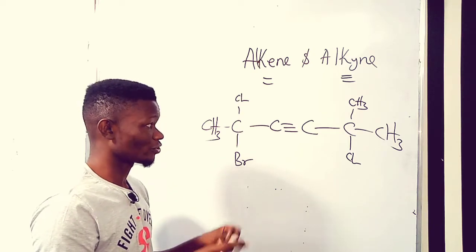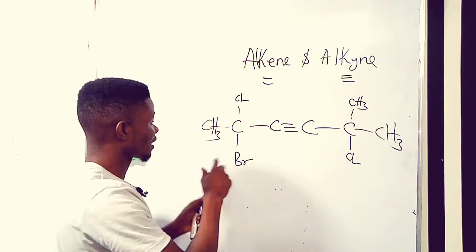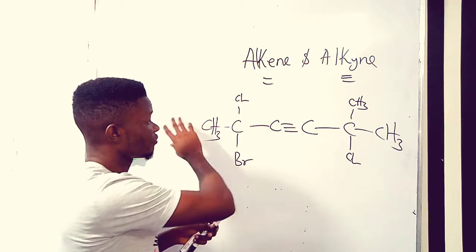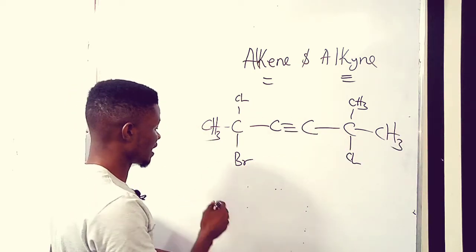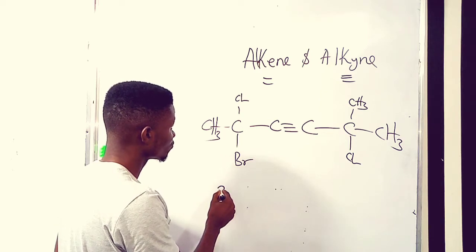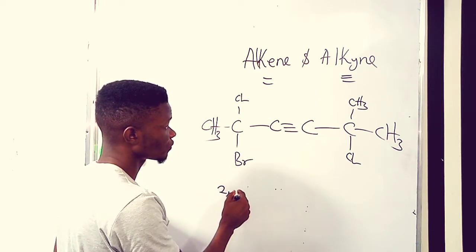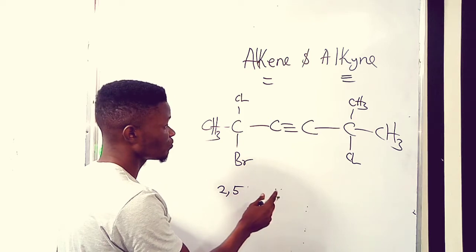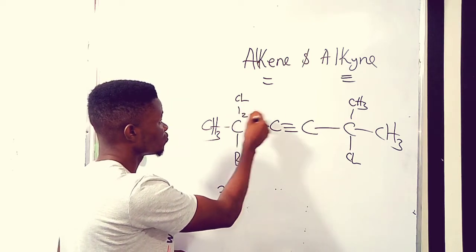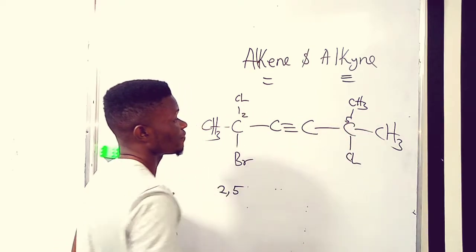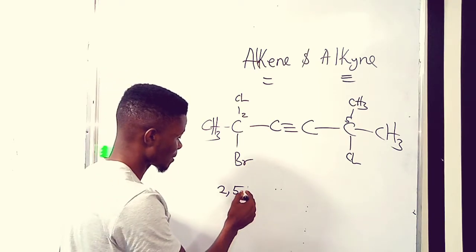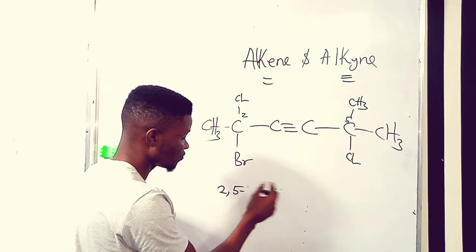All right, but let's see, counting from here, if we are naming from here, so we are going to be having 2, 5. That is the position of this 2, 5.